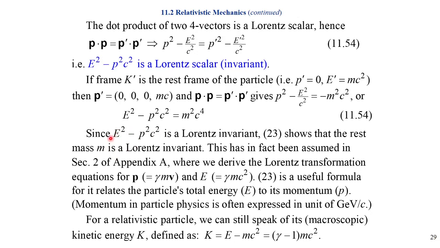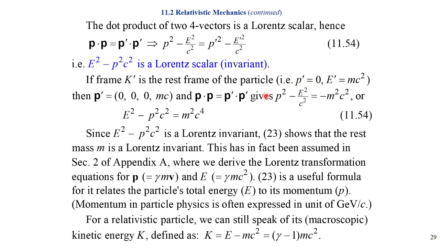But energy is not the same. For example, in the rest frame, energy is here, and in another frame, energy is another one, gamma mc squared. So energy is not an invariant quantity. Momentum, of course, is not the same, not an invariant quantity.